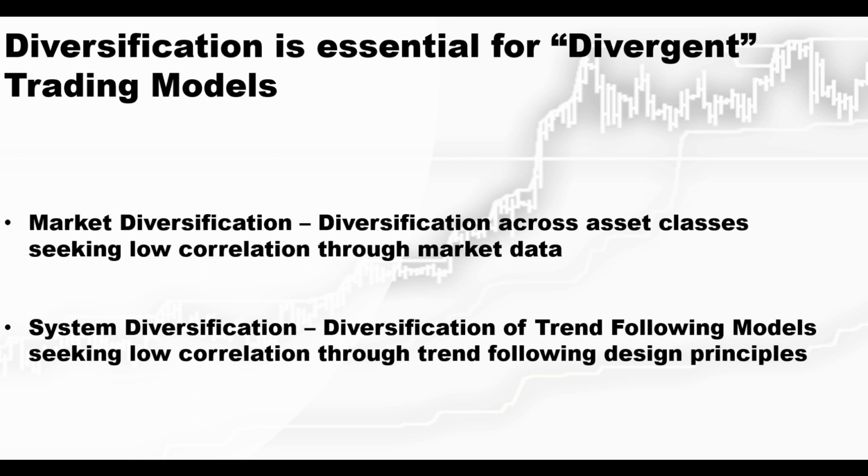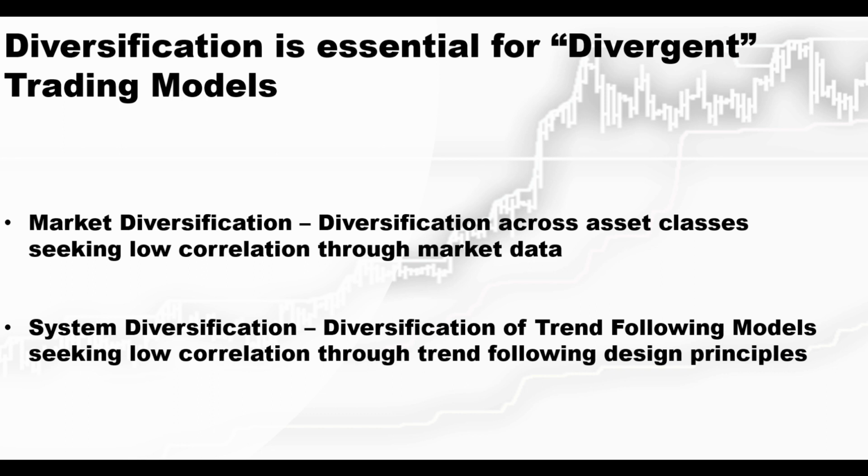Diversification is a necessary prerequisite for divergent models such as trend following and momentum, which allows us to capitalize on the edge provided by market uncertainty, where price has a tendency to diverge away from a prior equilibrium. This is unlike convergent models, which capitalize on certainty or repeating patterns that oscillate about an equilibrium.